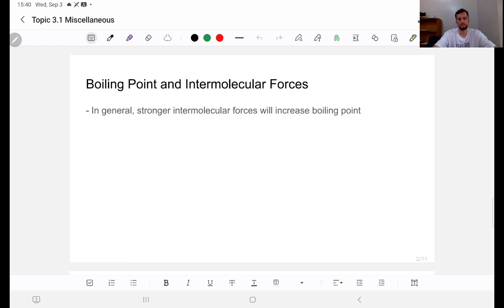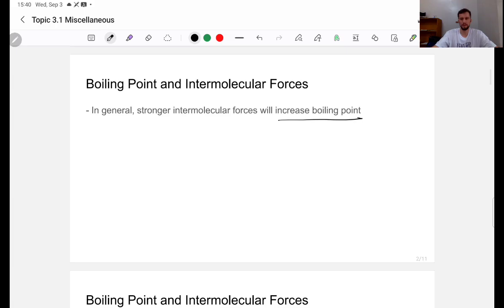In general, stronger intermolecular forces will increase the boiling point. So whether we're looking at compounds in an aqueous solution or a pure liquid, either way, the boiling point is higher as the intermolecular forces increase in strength.